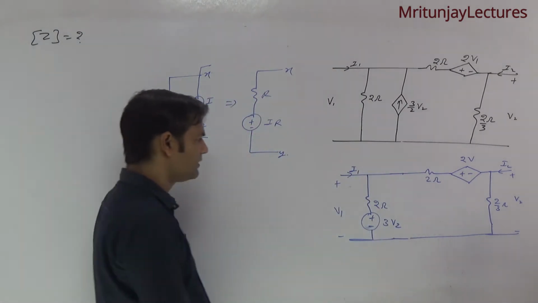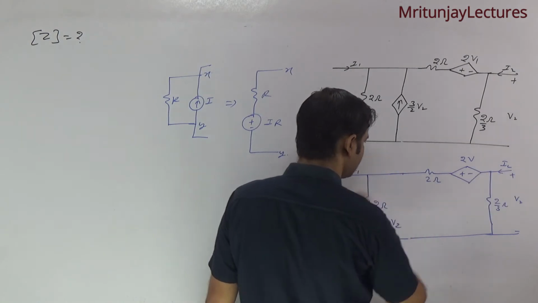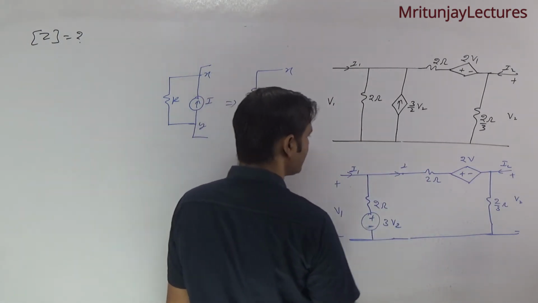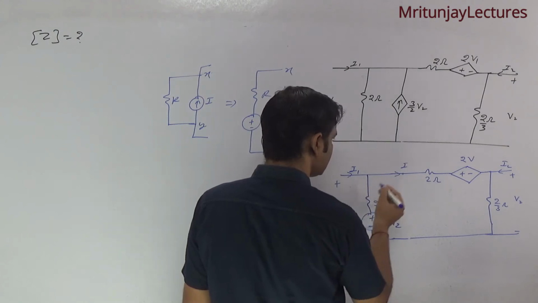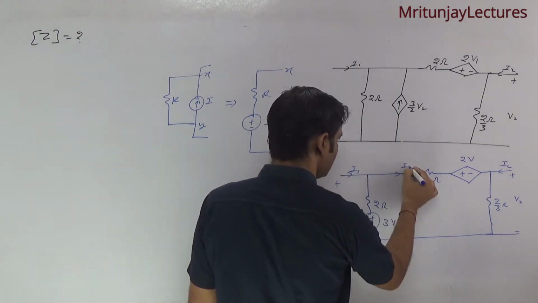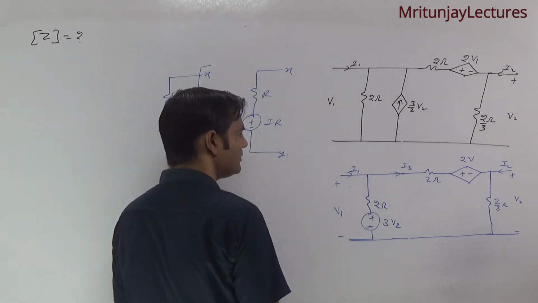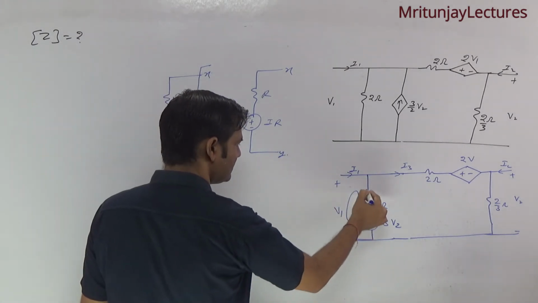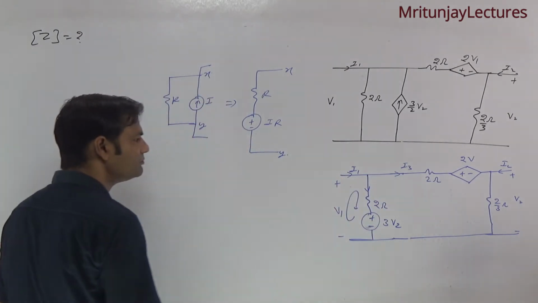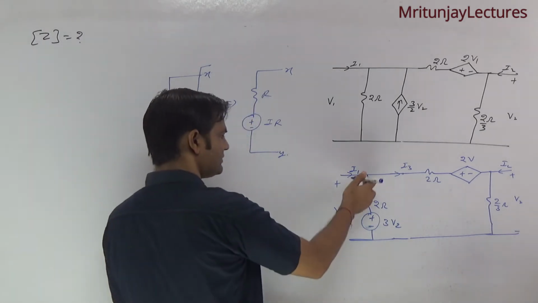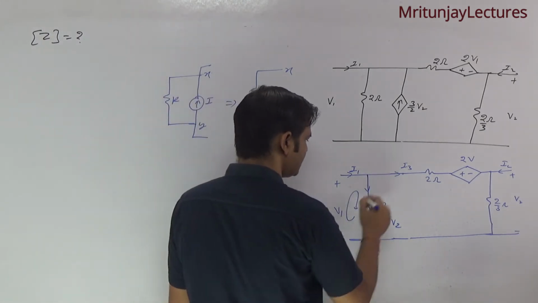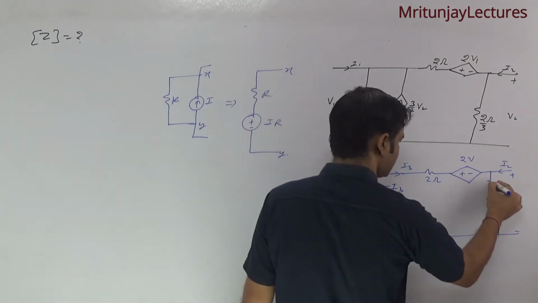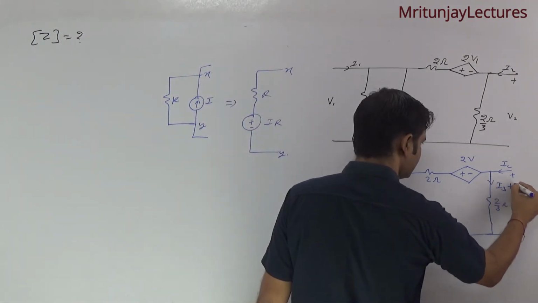Now here current I1, here current I2. Suppose this current is I3. Now apply KVL in this loop. The current in this branch is I1 minus I3, and here I3 plus I2.